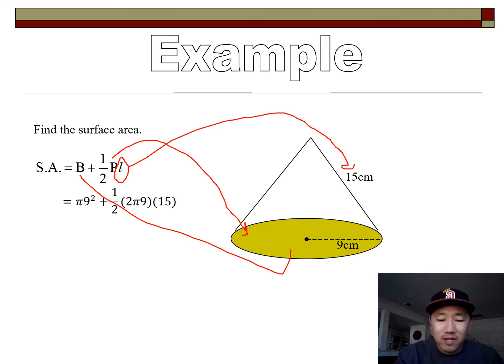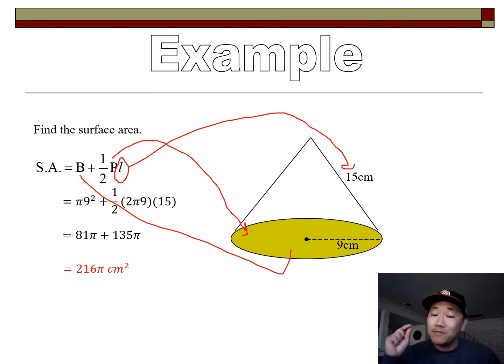You just have to put it in the calculator to get 216 pi. Now again, if you use the pi button, then you'll get a long decimal. So you can leave your answers either way, either in terms of pi or as an approximate decimal. It all depends on how maybe the book asks for it or how the quiz or the test asks for it.